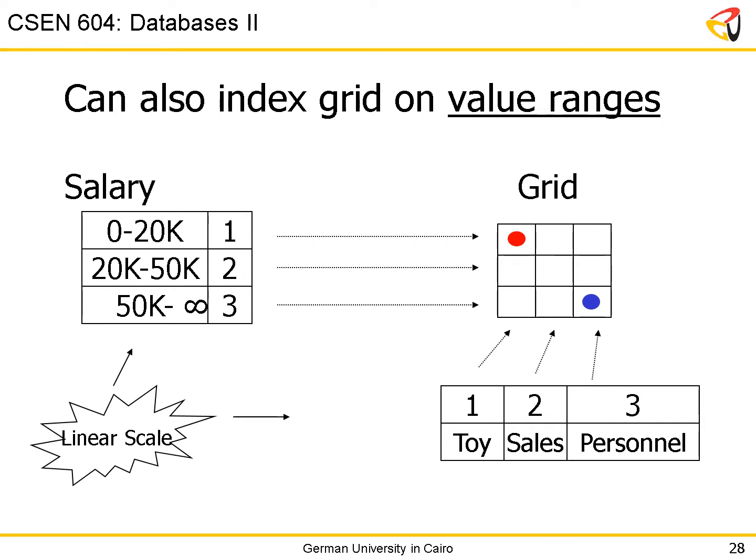And if you look at the blue dot at the bottom right, that's going to be for the intersection of the last row and the last column, for employees in the personnel department whose salary is greater than 50K. So you allocate the values on every dimension. Obviously they have to be mutually exclusive for this to work, and they have to make some kind of a scale.